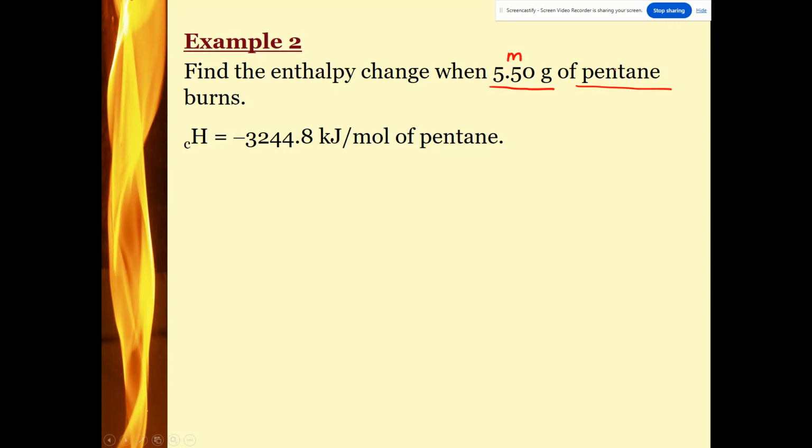If you've completed the organic chemistry unit already, you may know what pentane is, but if not, pentane is a common molecular compound that's written on pages 4 and 5 of your data booklets. There's a bunch of common compounds. There's formulas for them with their name, I believe in alphabetical order, as well as some energy values. You don't have to worry about those for now. For now, you're going to use pages 4 and 5 just to look up what pentane is.